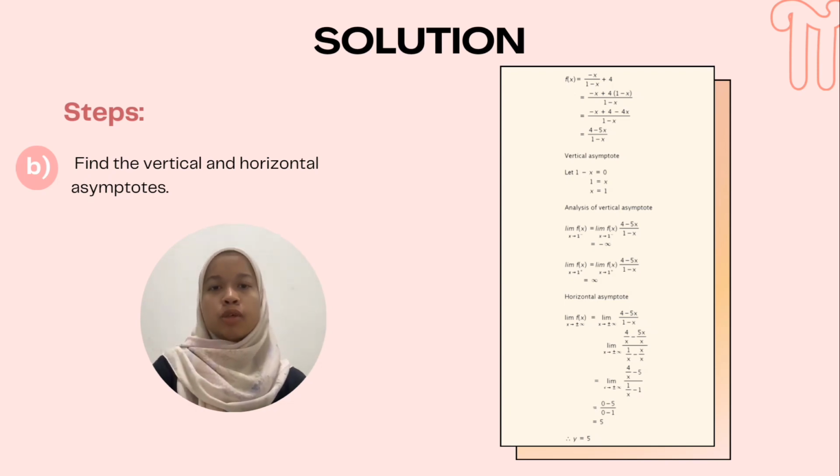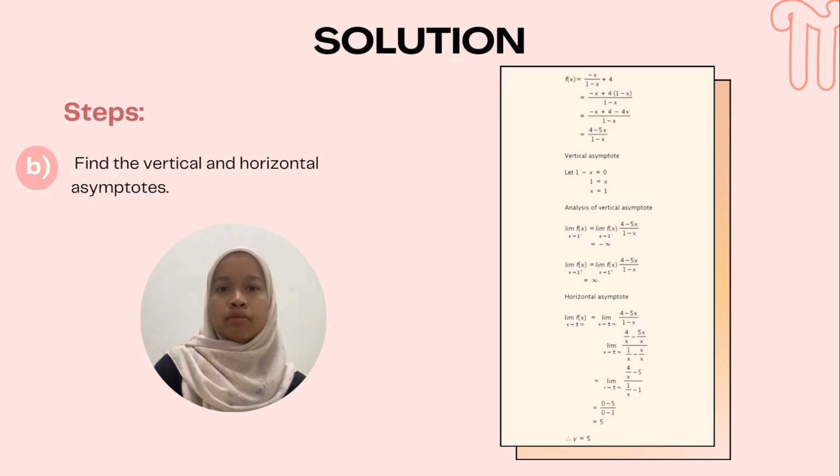Based on the answer we got just now, we need to use x equals 1 to apply into the analysis of vertical asymptote. So the limit of f(x), as x approaches 1 from the negative side, is 4 minus 5x over 1 minus x. Then we got negative infinity.